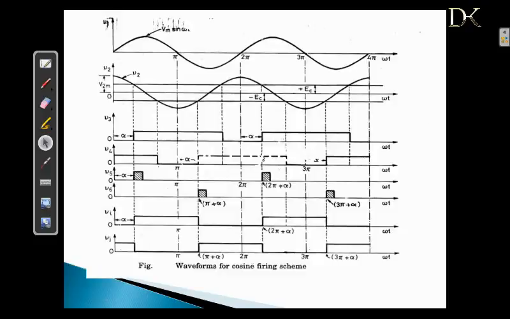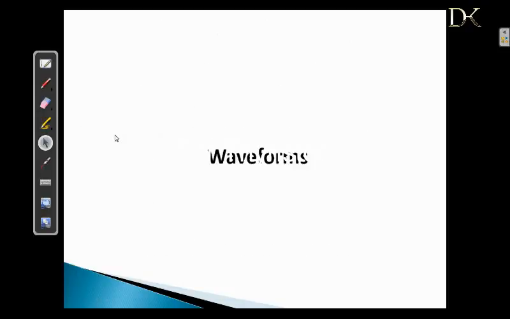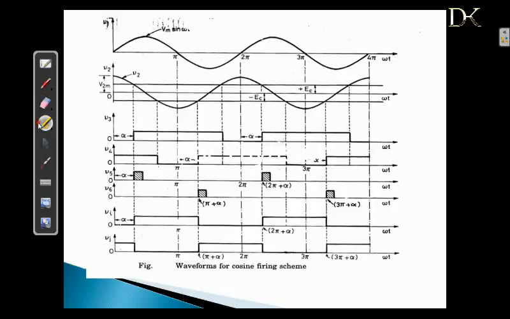You can verify with the help of this. The first one, comparator 1: EC greater than V2. So if you see here, EC is greater than V2, so your pulse is generated.